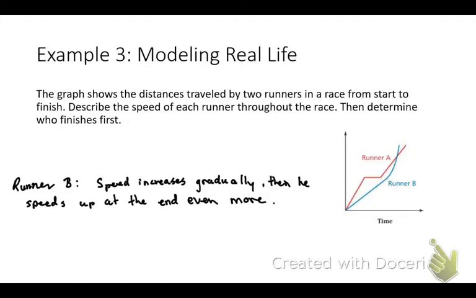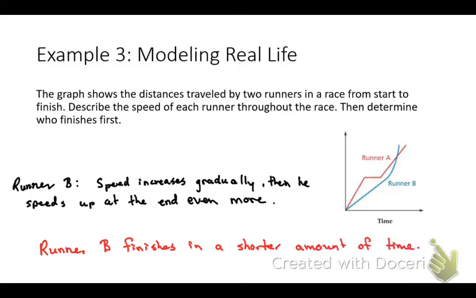So who do you think wins this race? Yes, runner B wins this race. Because if the line continues to trend the way that it's trending, he's going to finish this race in a shorter amount of time. Look here. He gets to the final distance here, but runner A, this is time down here.